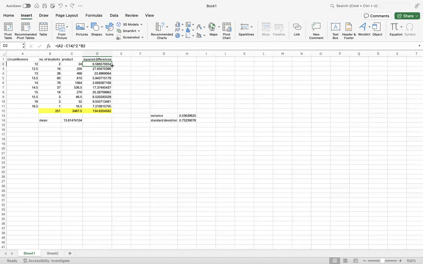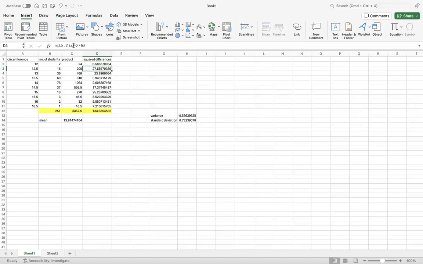You can drag, but do you have C15, C16? No, right? Always you have to do minus mean. So make sure everything is getting into place.